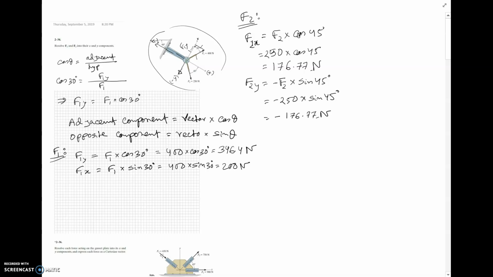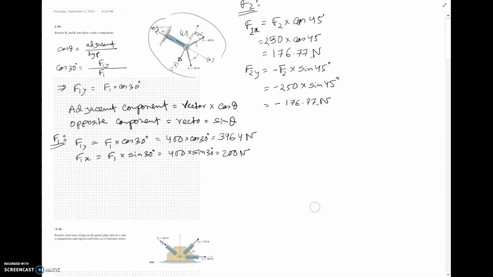Now we need to put these components in vector form. We can write the F1 vector as F1x, the scalar magnitude, and we need to put the direction.